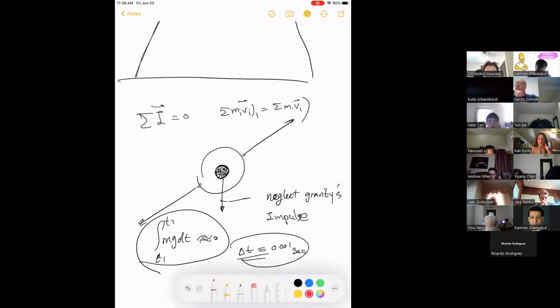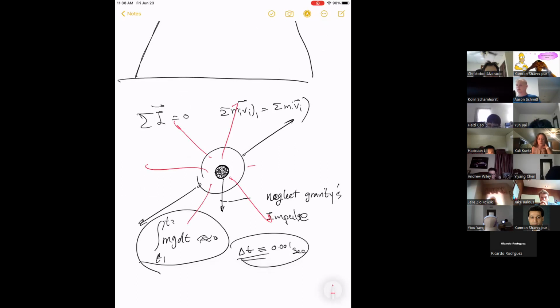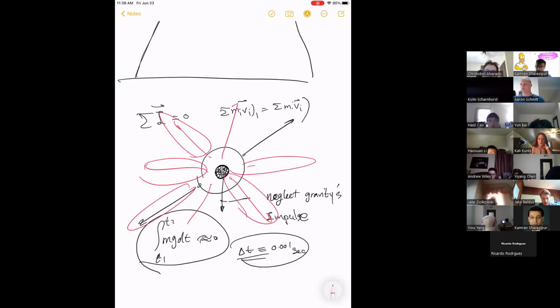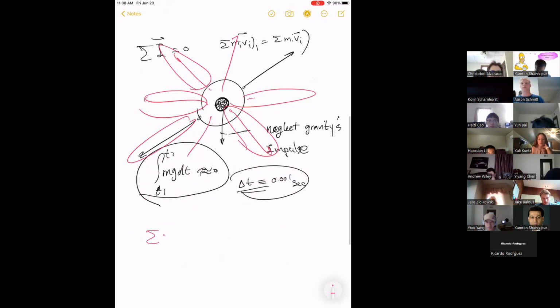And if some particle goes this way, that way, every particle goes in the opposite direction. So they balance each other's impulse, momentum, right? And the overall momentum of the system will be the same. That's why you usually see a spherical shape when an explosion happens, right? That is the conservation of linear momentum.